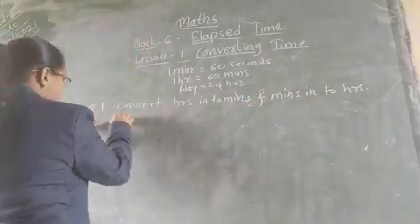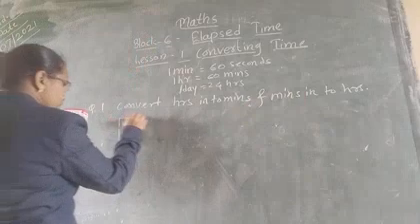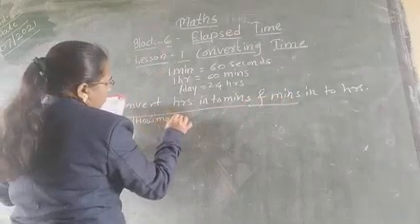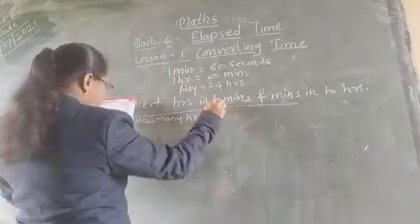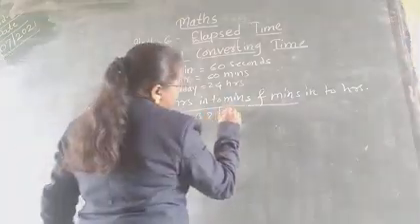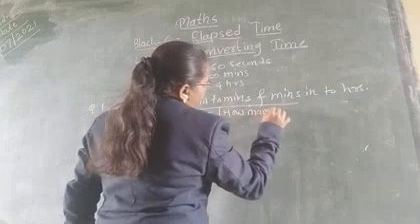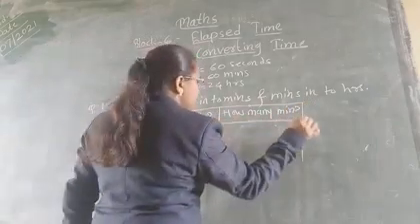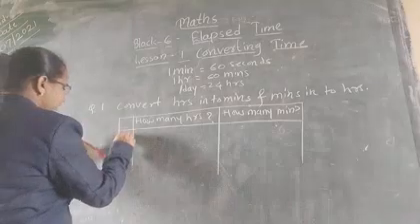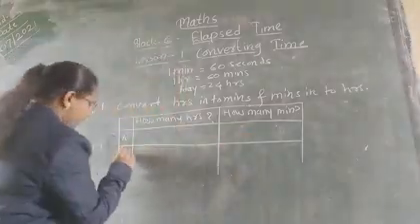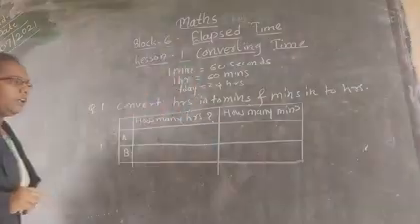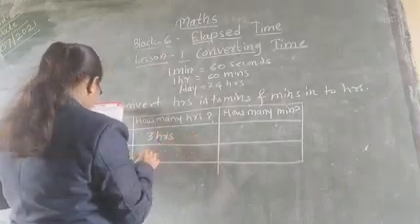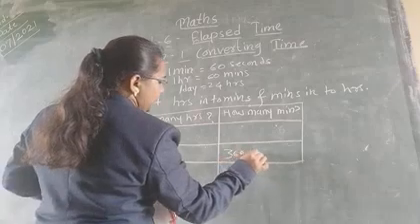Here is the chart. On this chart you write how many hours and how many minutes, with a question mark, and then A and after that B. Let's start converting. Here is given 3 hours, and here is given 360 minutes.